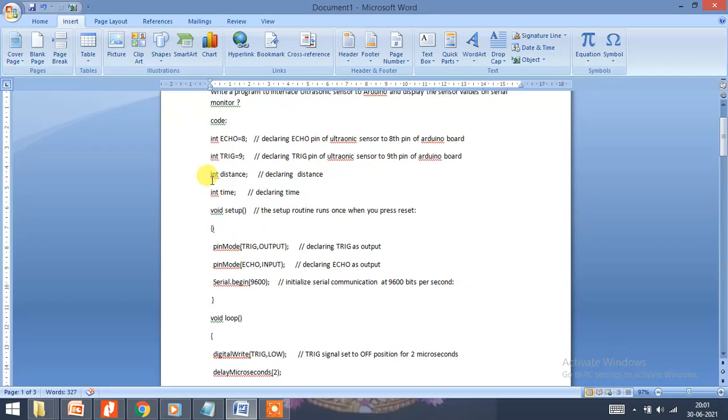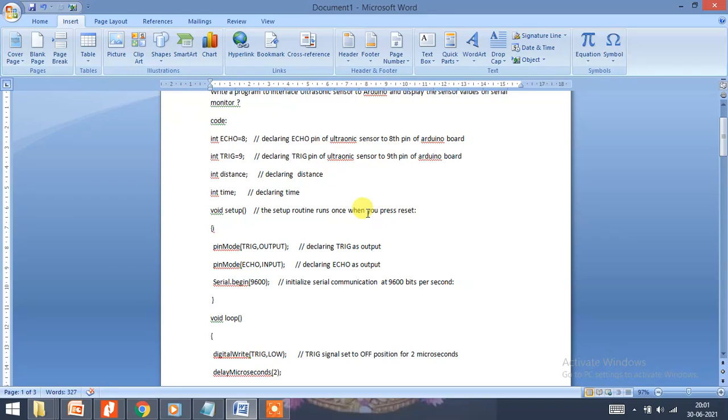Next we have declared int distance. The ultrasonic sensor is going to find the object by using ultrasonic waves. Suppose if a target is there, it is going to find it, similar to how a bat hunts its food, even when it is flying in the sky, finding out at how much distance the animal is.